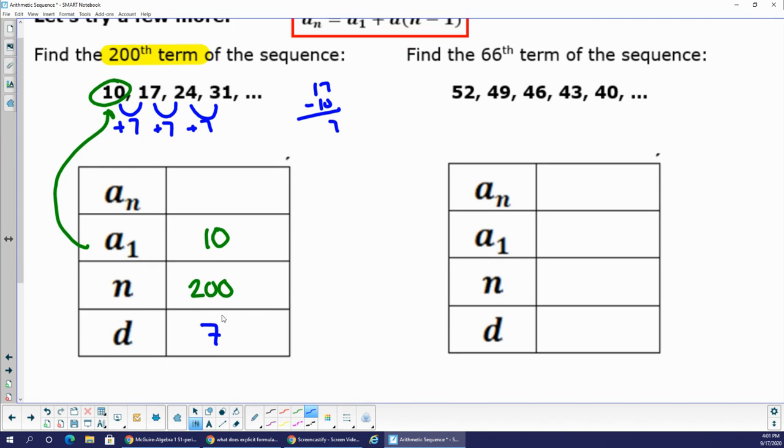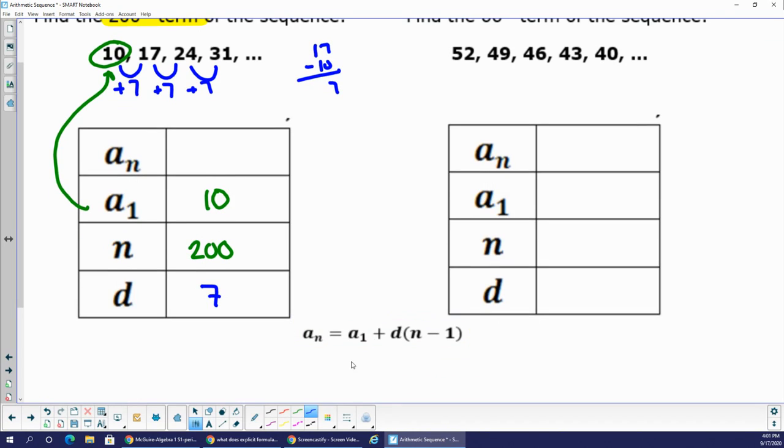We're going to plug this into my explicit formula right here. I'm going to drag it down here just so I have it. All right, so we're looking for the 200th term. We have a sub 200 equals my a sub 1, or my first value, was 10, plus my common difference is 7, times the 200th term, n, minus 1.